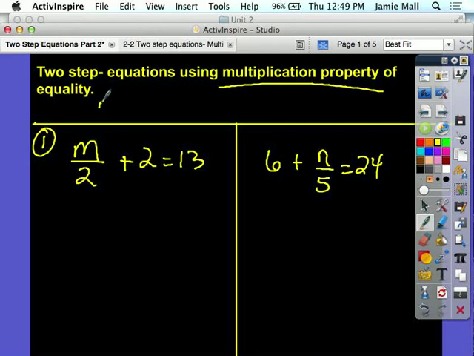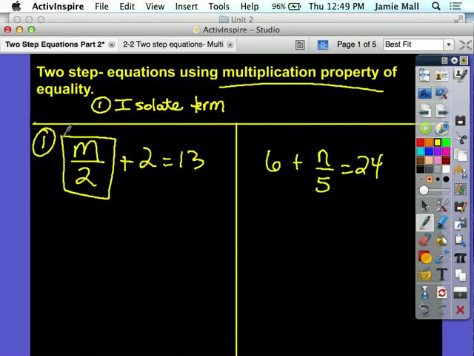Remember that the very first thing that we want to do is to try to isolate that variable. Before we can isolate the variable, we have to remember that we first need to isolate the term that involves the variable. So what I'm looking to isolate is this m over 2. To get that m over 2 by itself, I need to think about removing 2 from both sides of the equation.